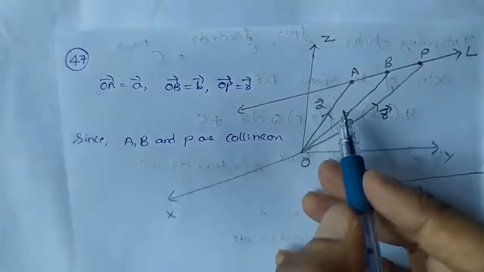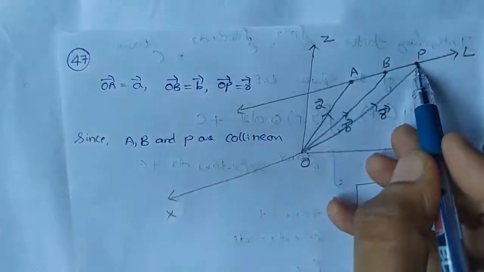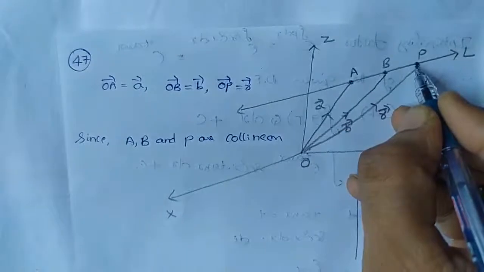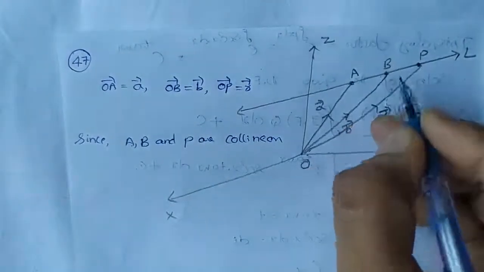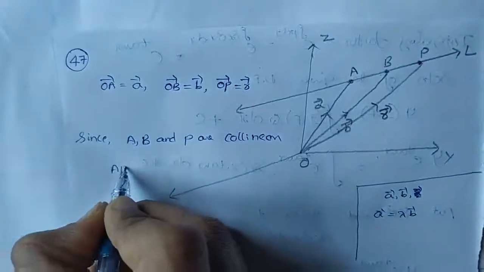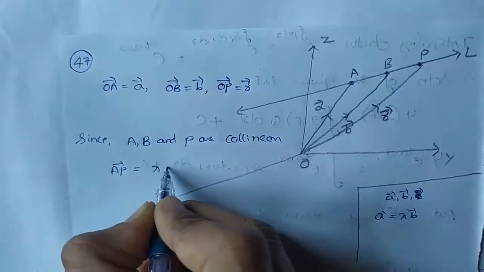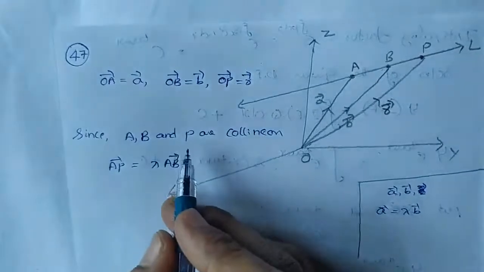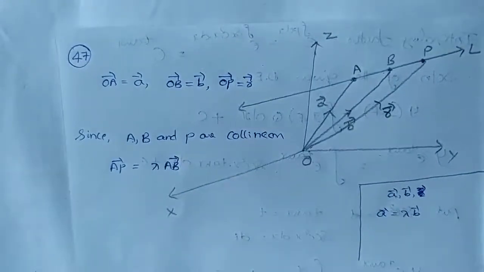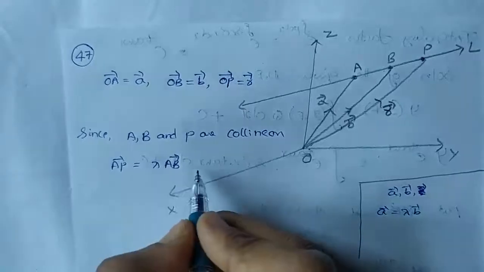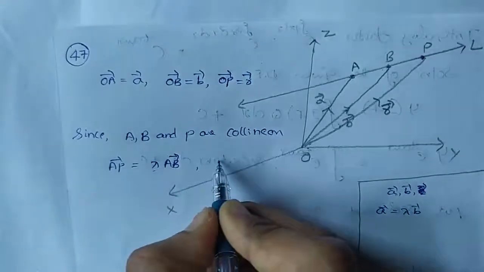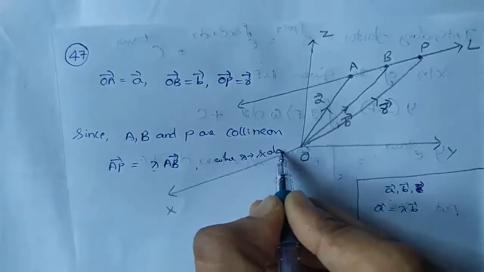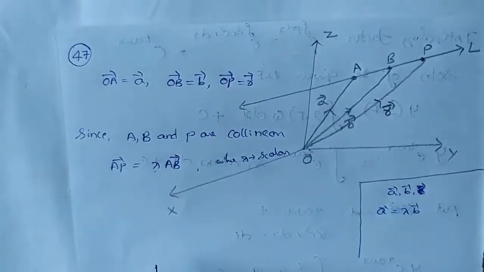AP vector equals lambda times AB vector, because A, B and P are collinear, where lambda is a scalar or any real number.